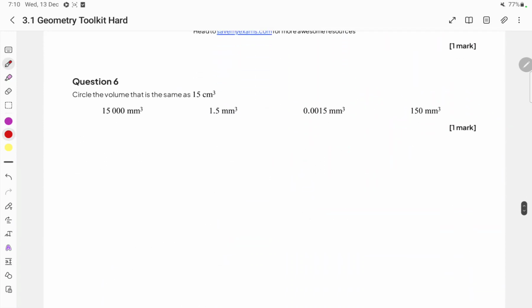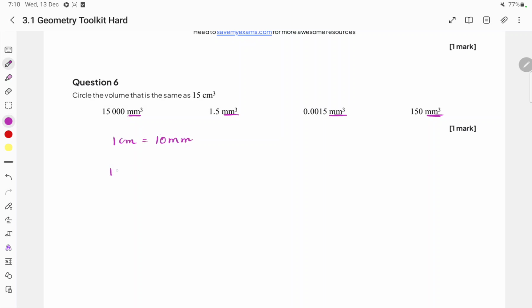Now question number 6. Circle the volume that is the same as 15 centimeter cube. See here, everything is in millimeter cube, so I have to convert this 15 centimeter cube to millimeter cube. We know that 1 centimeter equals 10 millimeter.